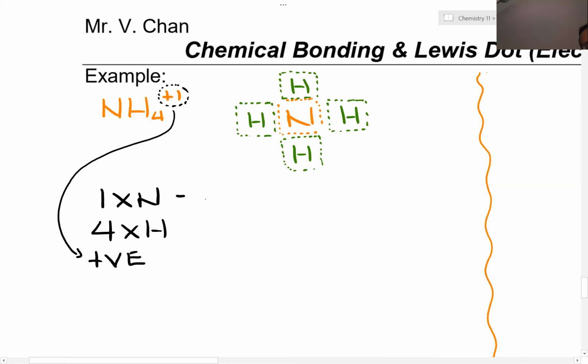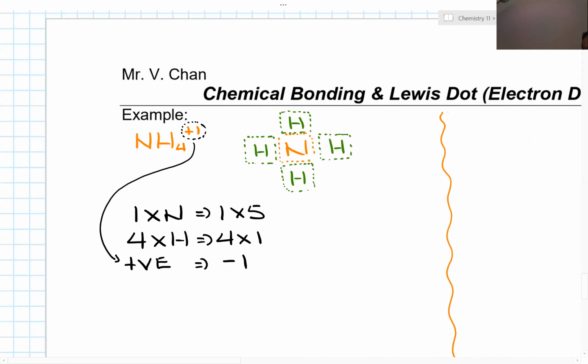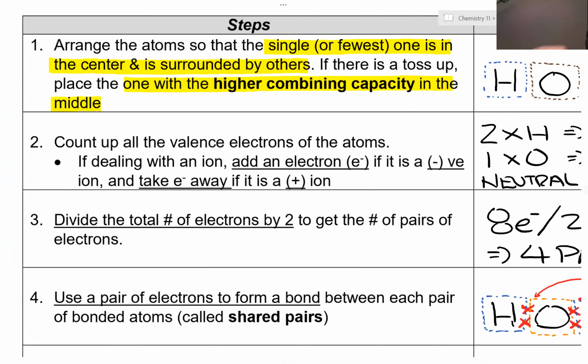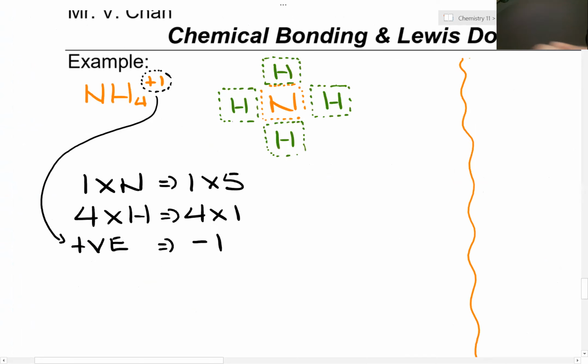So what we have is 1 times 5, 4 times 1, and here we minus 1 electron. Why? Because remember, in step number 3, if you go back to the video, if you have a positive ion, we take away an electron.